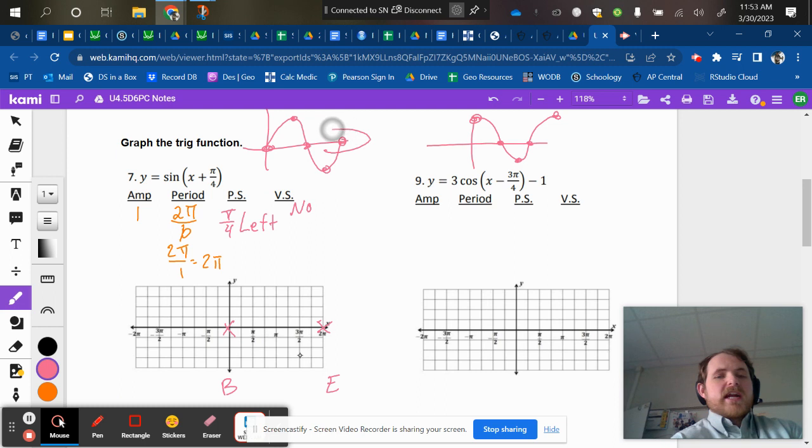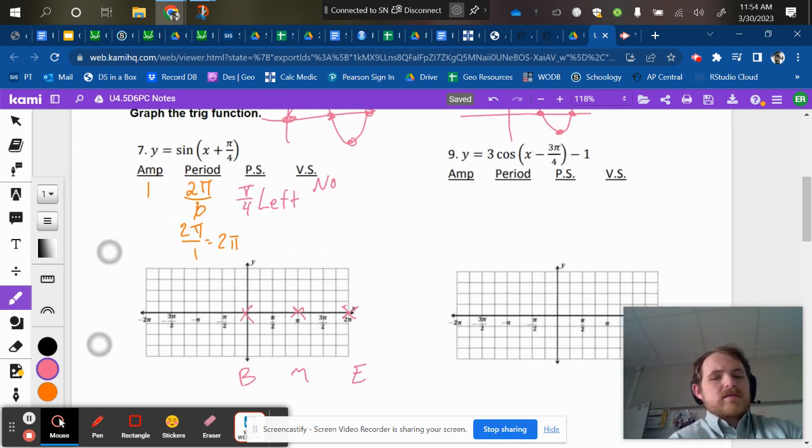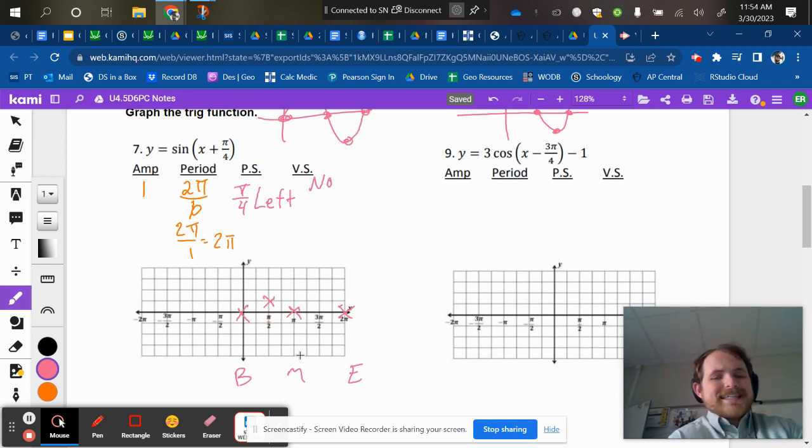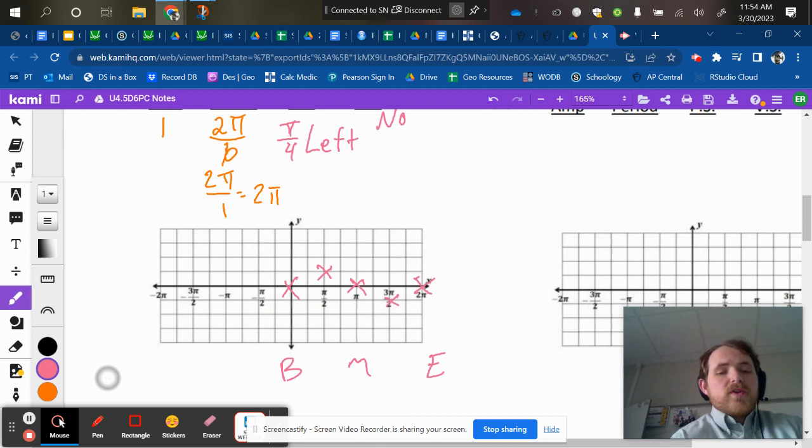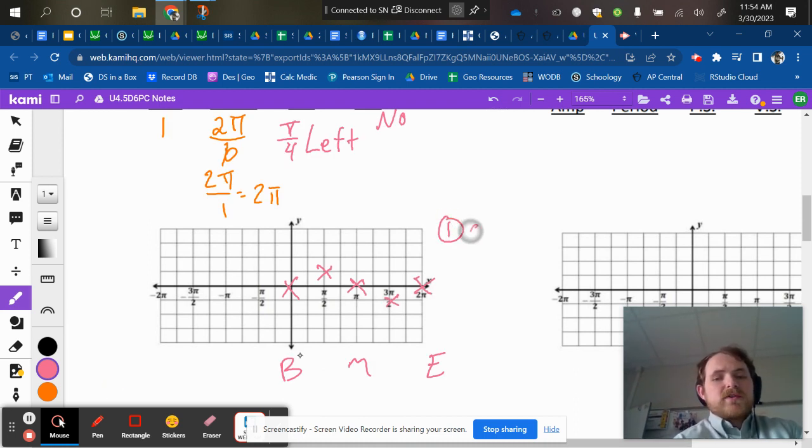Again, because I'm replicating it off of these 3 points right there. Then my middle is at pi. I'm on the x-axis. And that should be up or down how much in the middle again? Up 1 for the first one, down 1 for the second one. Okay. So those pink X's, those are my amplitude and my period.